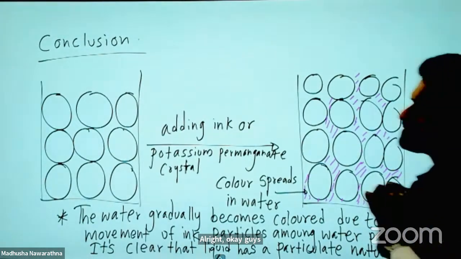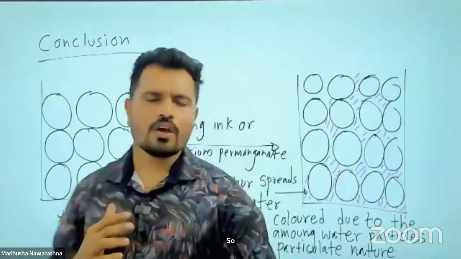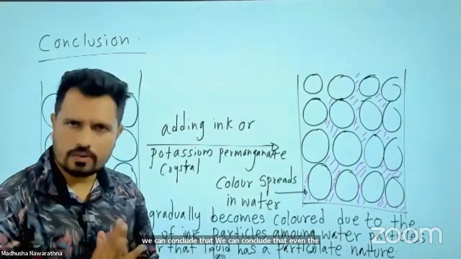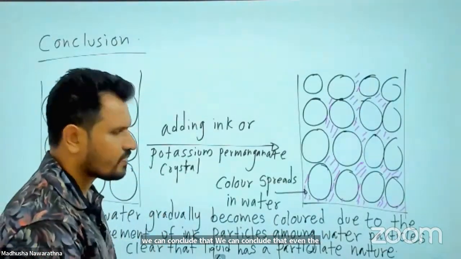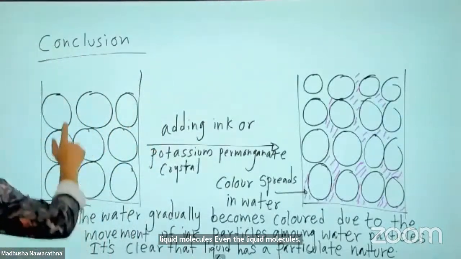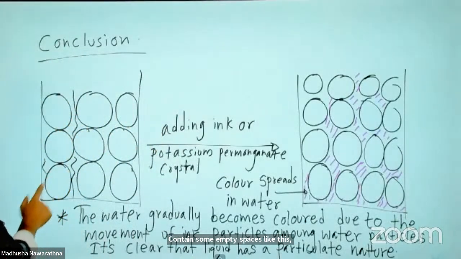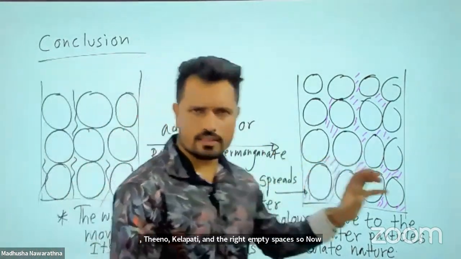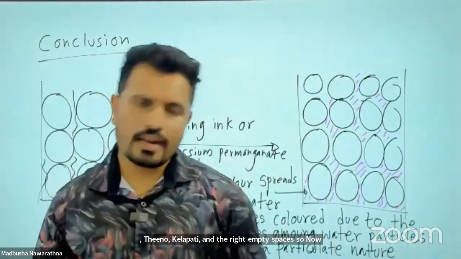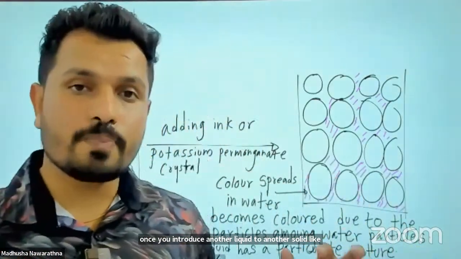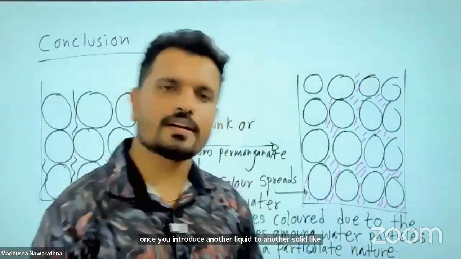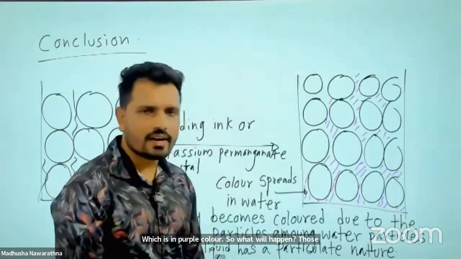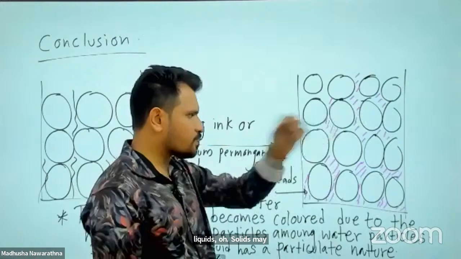By looking at these observations and the conclusions, we can conclude that even the liquid molecules contain some empty spaces like this. Empty spaces. Once you introduce another liquid or solid, like liquid ink or potassium permanganate crystal, which is purple in color, those liquids or solids may occupy these empty spaces.